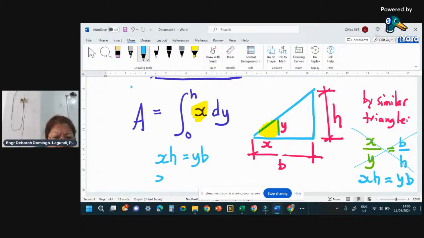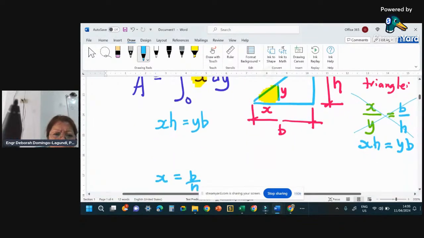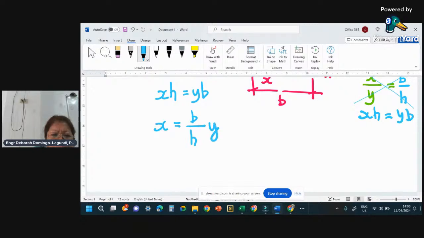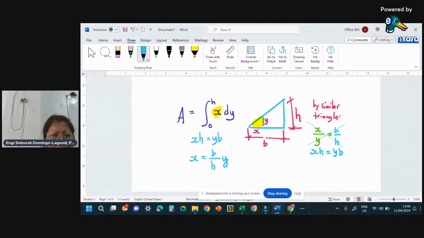We need x. So x is b over h times y. x is equal to b over h times y. So that is the relationship of x with respect to y.